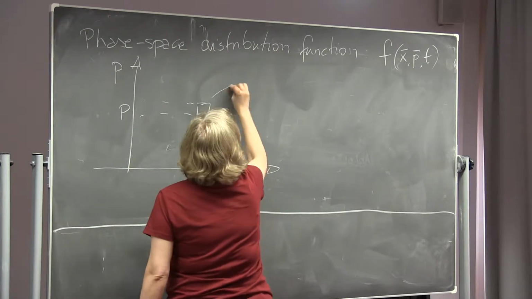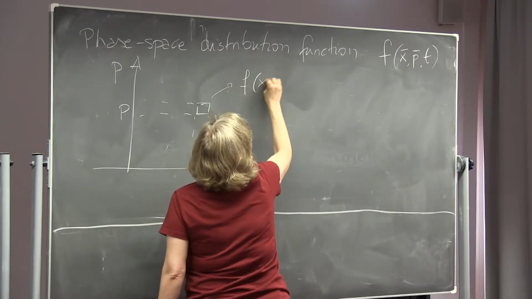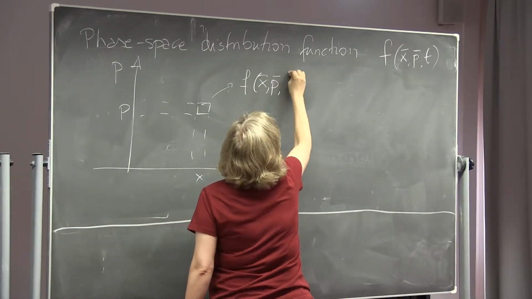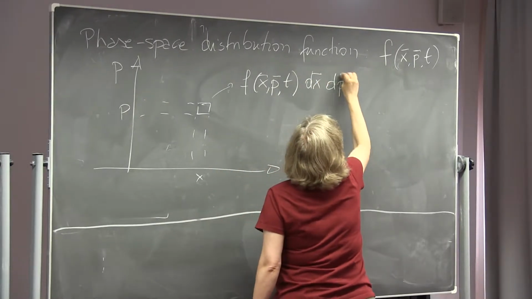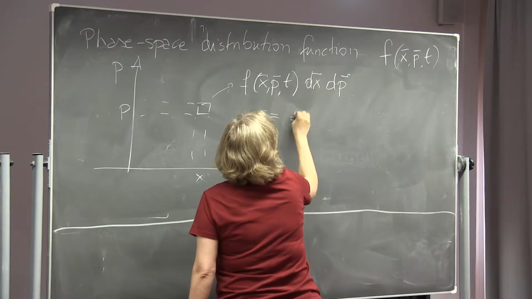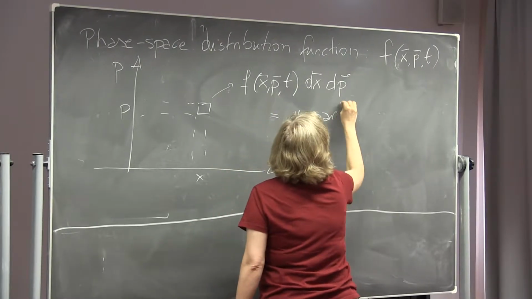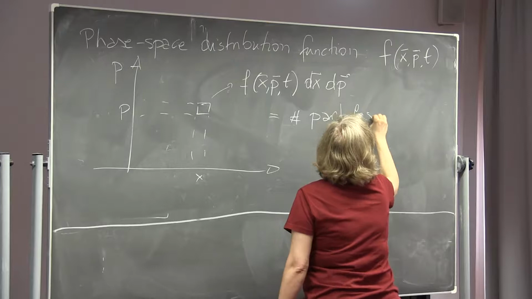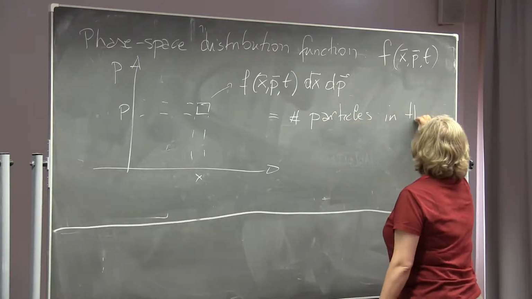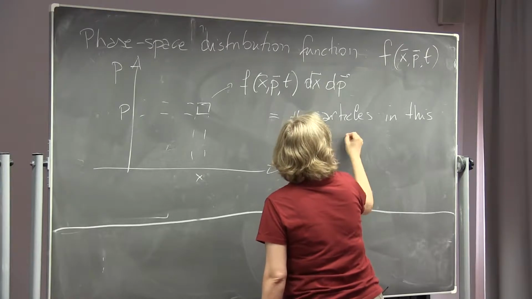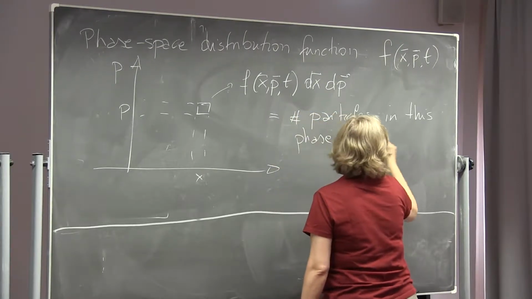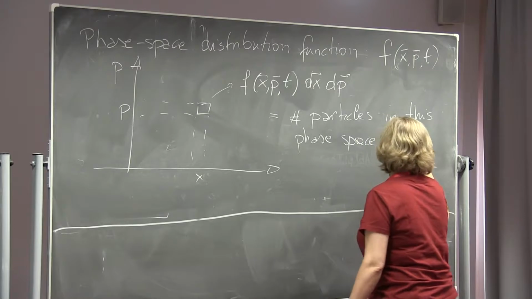So f of x, p, t, dx, and dp is the number of particles in this phase space cell. Okay?